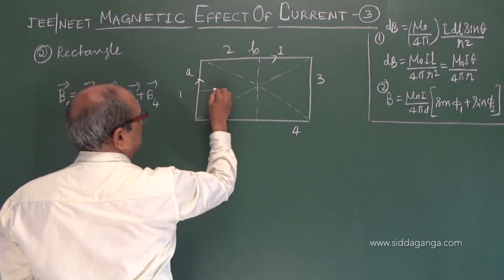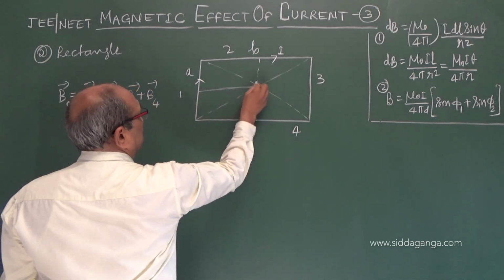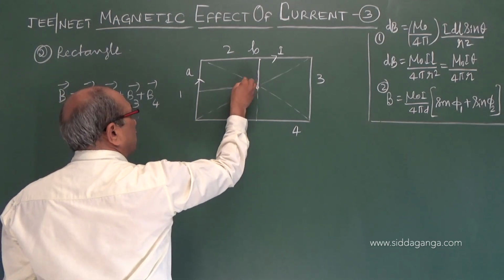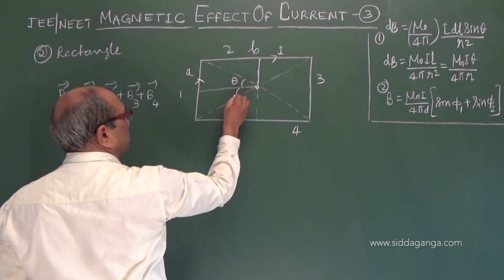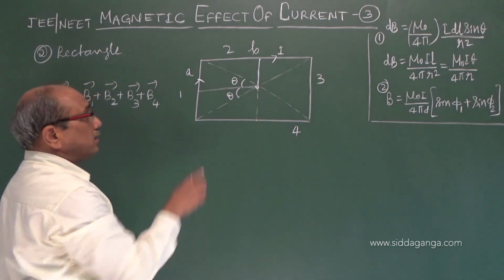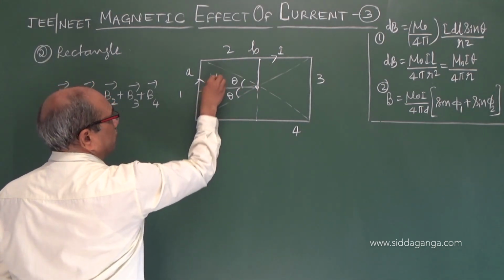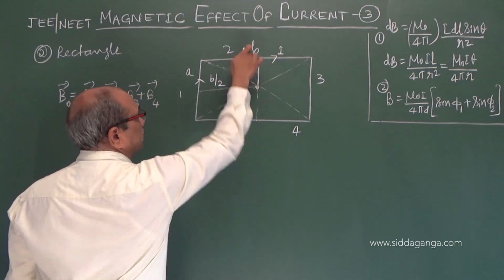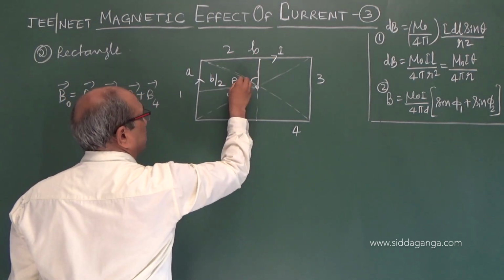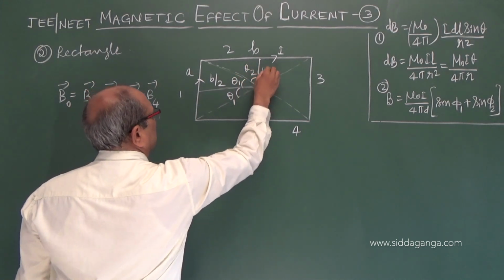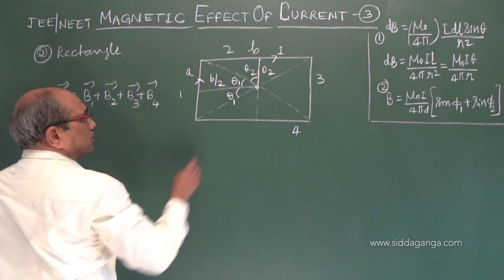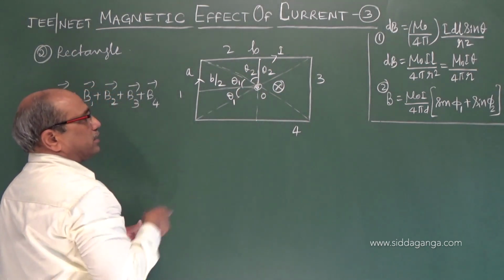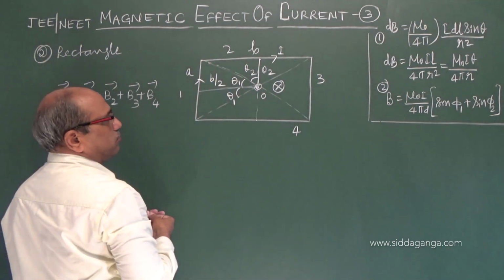If you consider the intersection point, we have to see symmetry in two arms, opposite arms, and this is theta and this may be theta, and this distance is b by 2. But the parallel arms, the horizontal arms, I can write as theta 2 and theta 2. So at the point O, again the field is into the board, the current is clockwise. In any arm you check, the field is into the board.